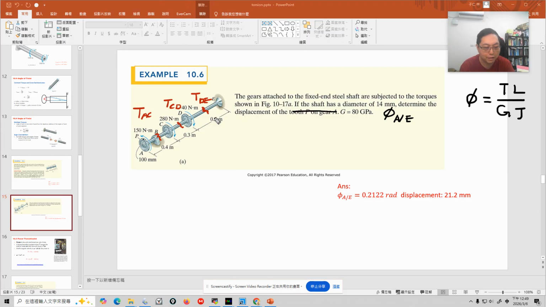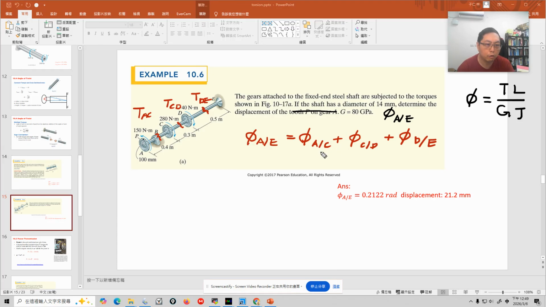Let's make life easier. When we want to calculate the angle of twist of A relative to E, what do we need? We need φAE equals φAC plus φCD plus φDE.